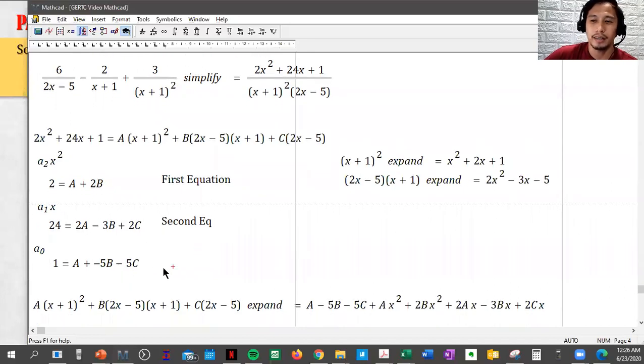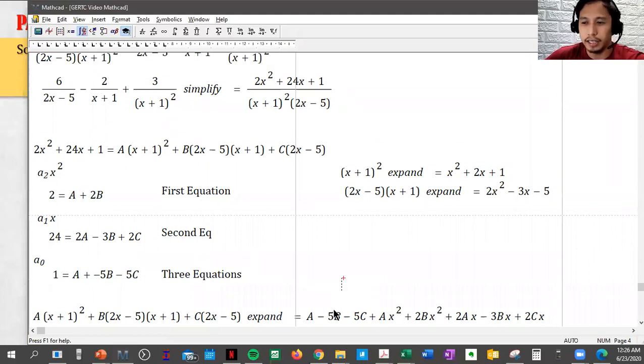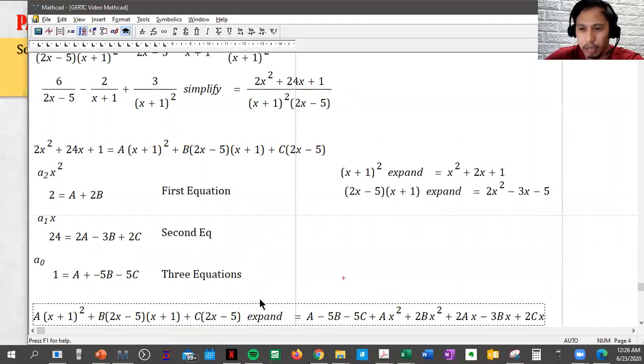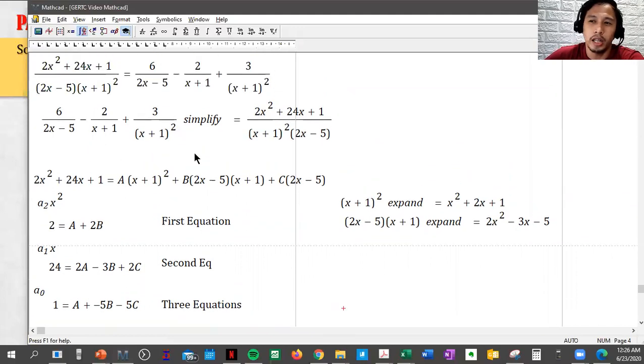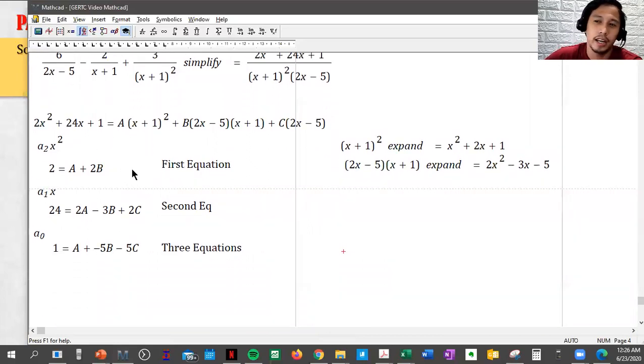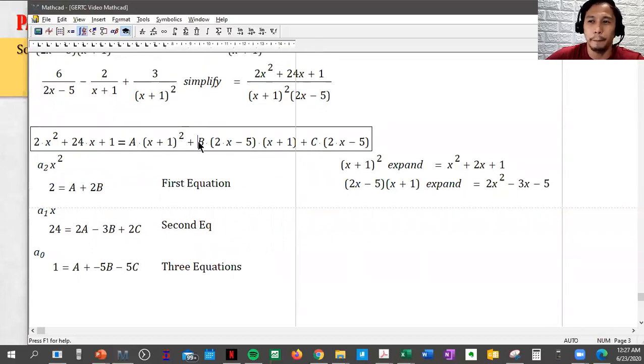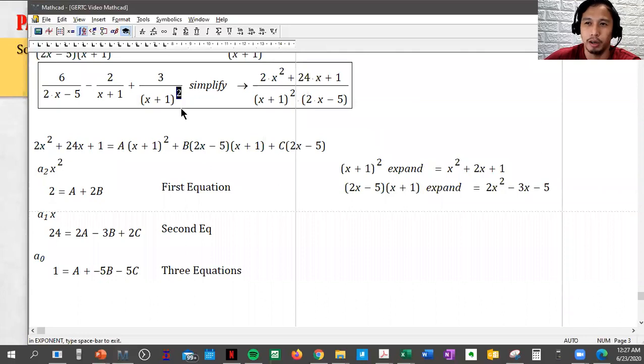So we got 3 equations. Okay? And that's what we need kasi there are 3 unknowns, no? A, B, and C. Again, this is what you're going to do if you don't want to do this method. This is an alternative way in solving for the values of A, B, and C. And this is good if ever the variables A, B, C, meron pang pang-apat like D. Let's say naka-cube ito.